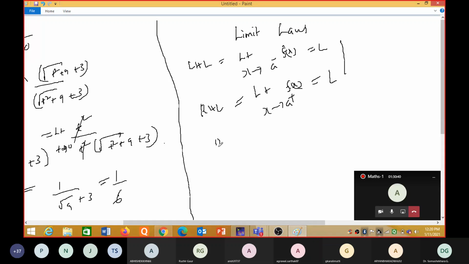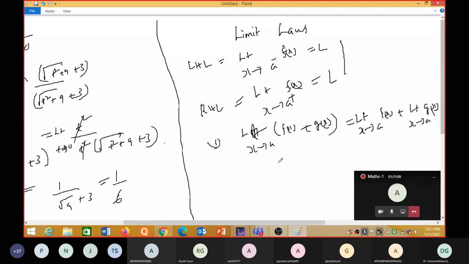First law: when limit x tends to a, and there are functions f of x and g of x, the sum of two functions, how do you evaluate this? The limit is outside. I can write limit x tends to a. We can separately apply the limit: limit x tends to a f of x plus limit x tends to a g of x.